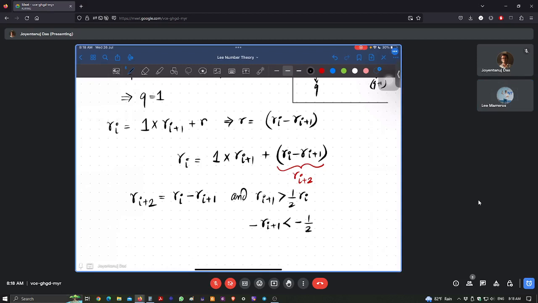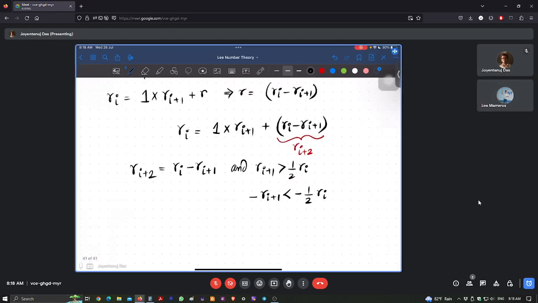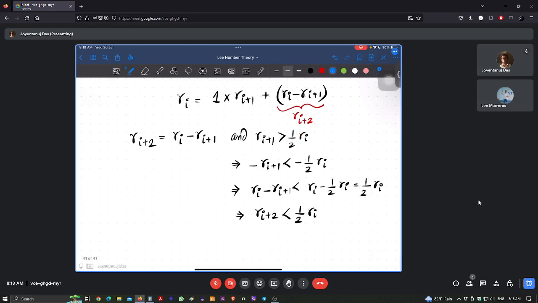So from here it implies this thing. Now if I add Ri to both sides, this is less than Ri minus half of Ri, which is nothing but half of Ri. But the left side is nothing but Ri plus 2, so this is less than half of Ri. This is what you wanted to prove.